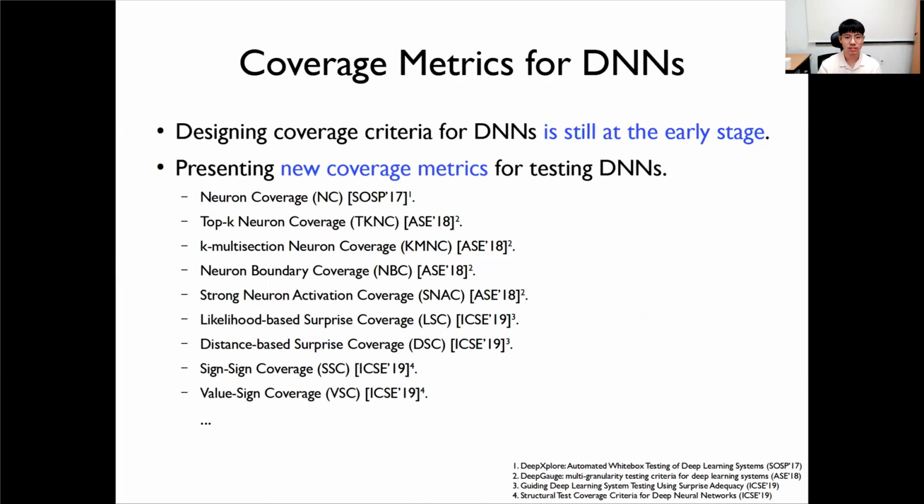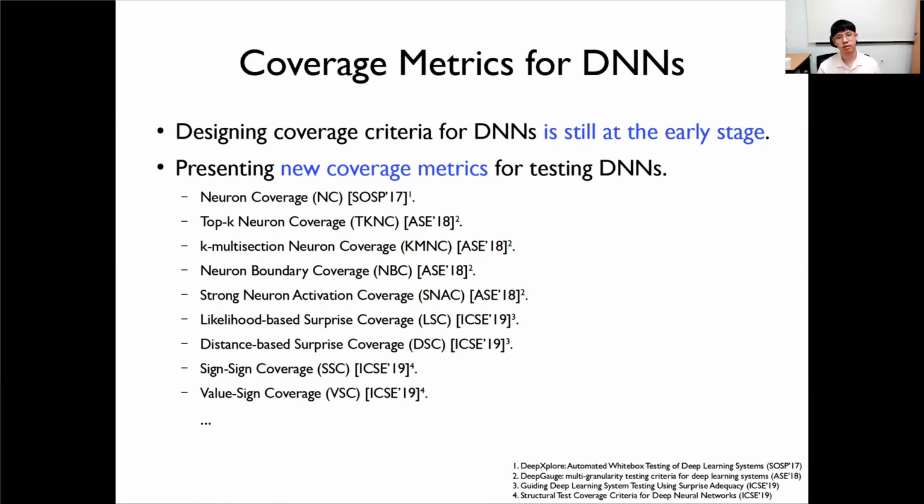So for this reason, designing DNN-specific coverage metrics that can check whether the internal logic of a DNN is thoroughly tested has become an emerging research topic for DNN testing.